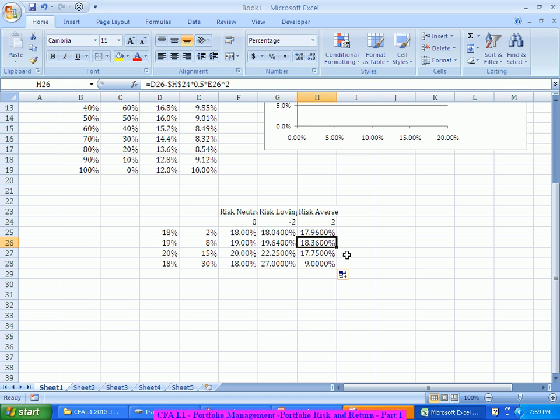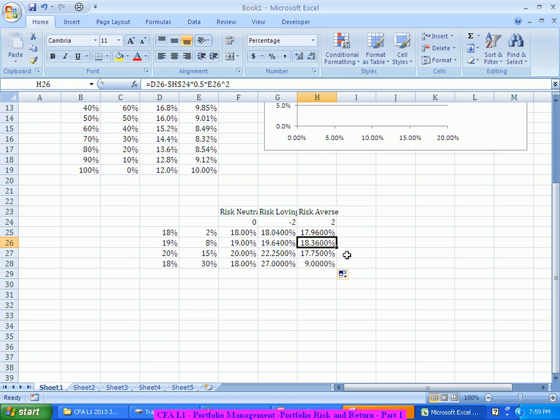Highest utility is coming from the second one. So a risk averse investor prefers the second investment, the risk neutral guy prefers the third, and the risk seeking guy prefers the fourth.